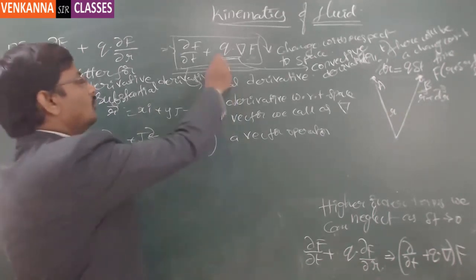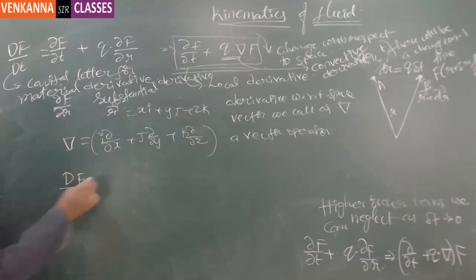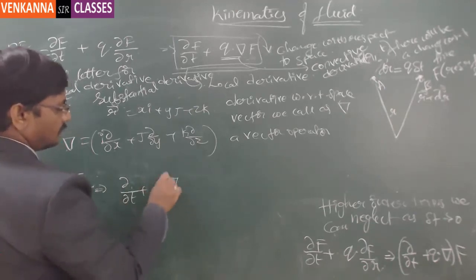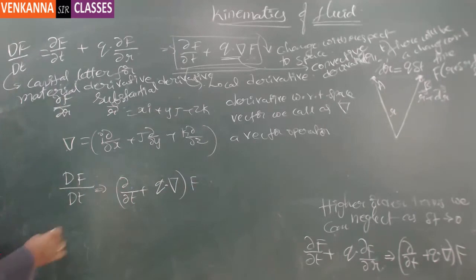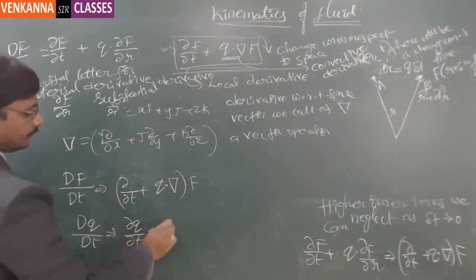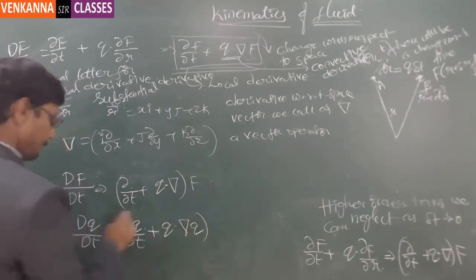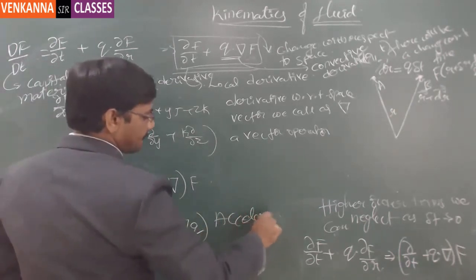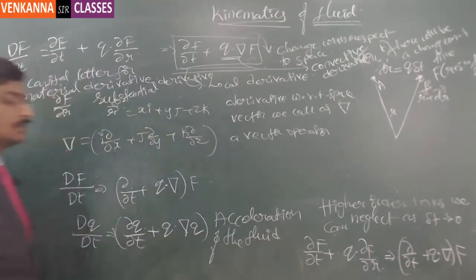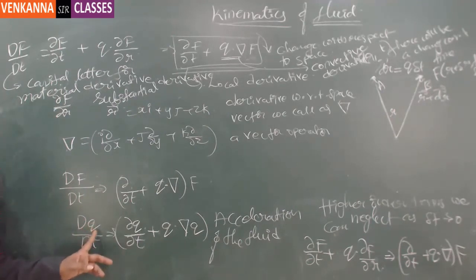So this is the thing that you have to be aware of. The material derivative of any fluid property is nothing but dou f by dou t, or dou by dou t, plus q dot del times f. Suppose this f equals q, then dq by dt is equal to dou q by dou t plus q dot del q. This is nothing but the acceleration. If f becomes q, you want to find the derivative of q, and q is nothing but the velocity vector.